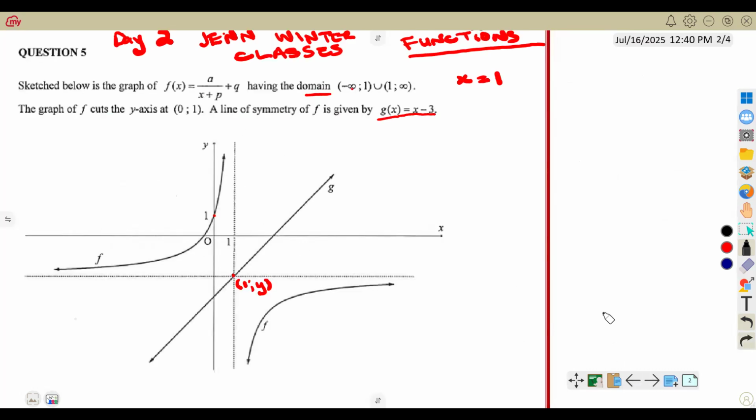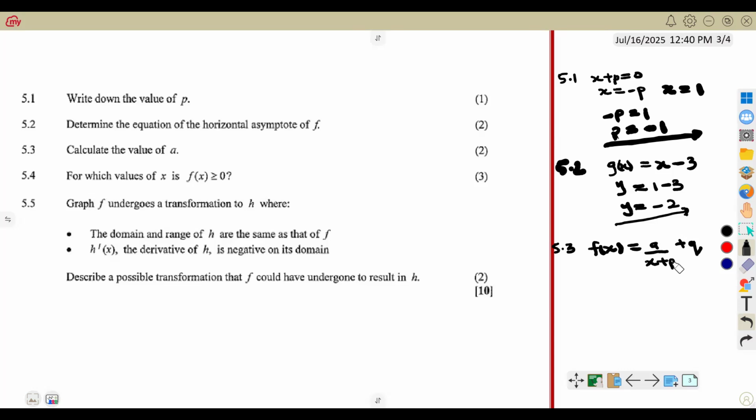But with the information that we already have, we can safely conclude that f(x) is equal to A divided by x plus p, but p we agreed is minus 1, so it becomes x minus 1 plus q.